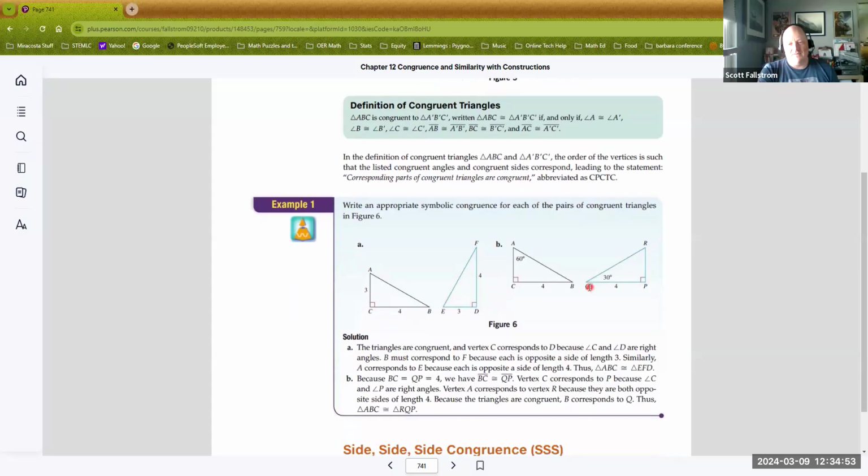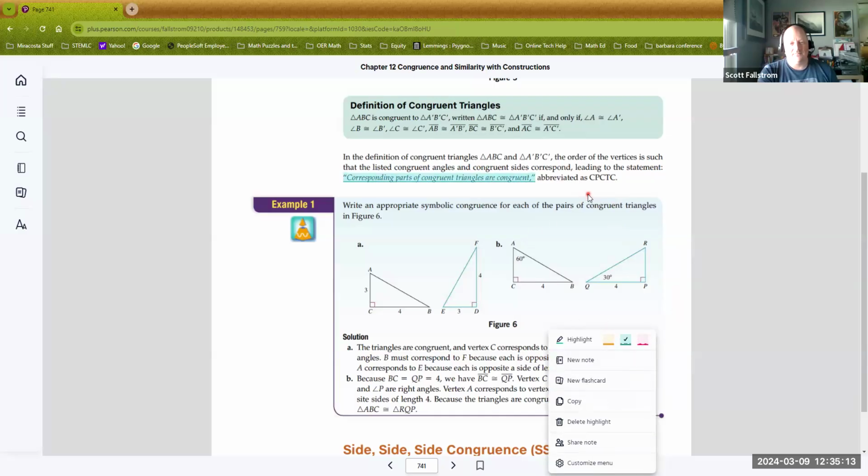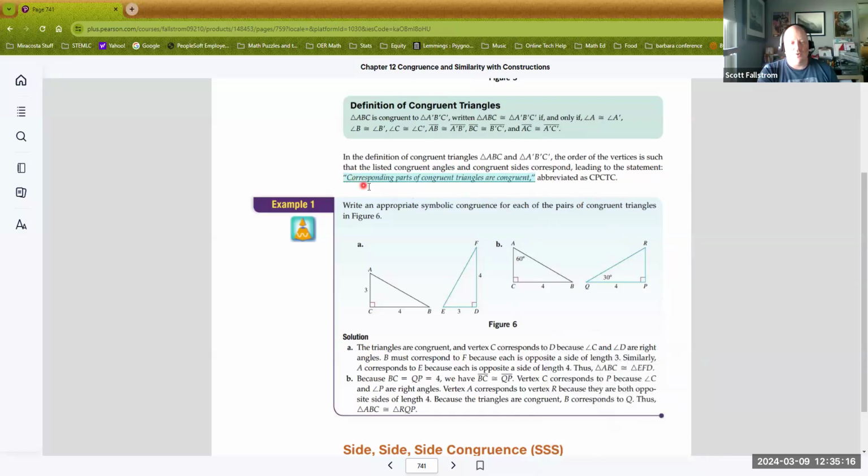And we're going to start abbreviating a little bit here, but this is the cool thing because it's if and only if. If you know the triangles are congruent, then all of the corresponding parts have to be congruent. And so that leads us to this statement right here, which we're going to use repeatedly. So I am going to highlight this. Okay. Corresponding parts of congruent triangles are congruent.